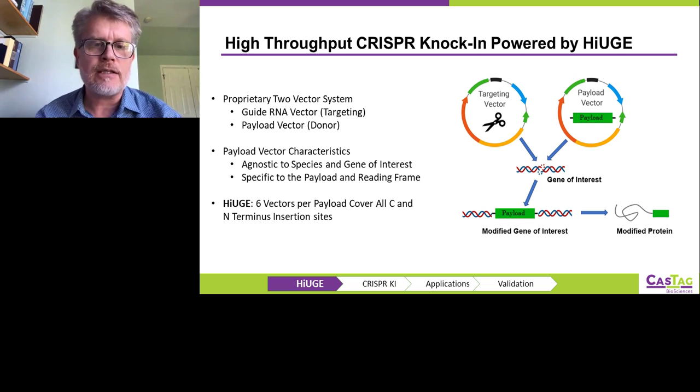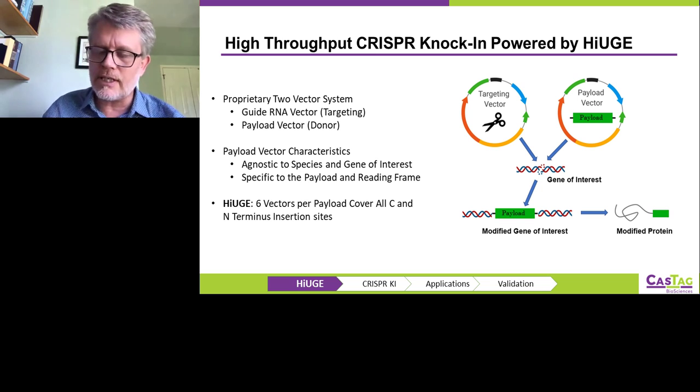So the payload vectors that have been developed at CASTag Biosciences can be used in, for instance, both mouse as well as human genomes. And in addition to that, individual payloads can be used across multiple different genes of interest. So it makes it very easy to utilize.